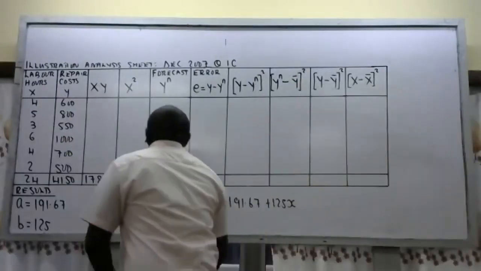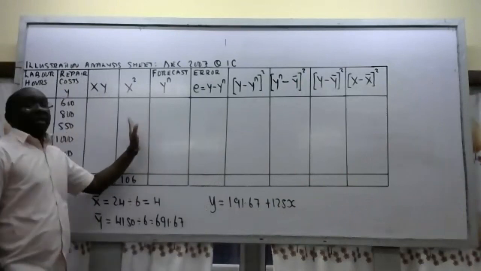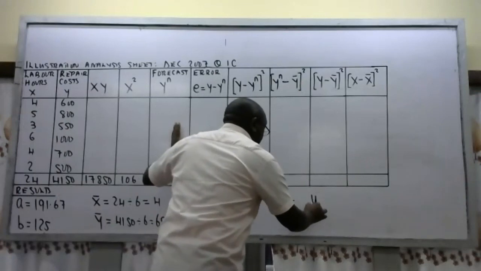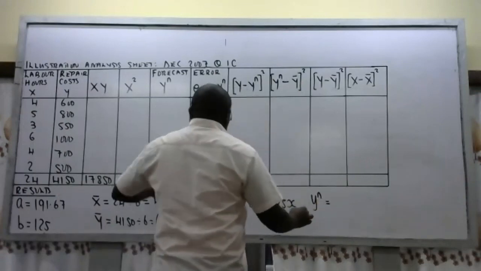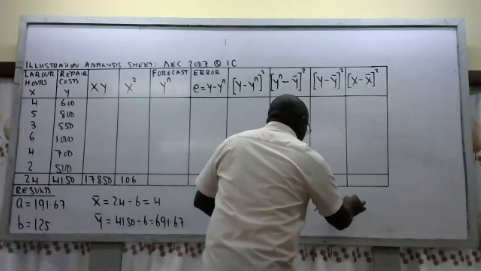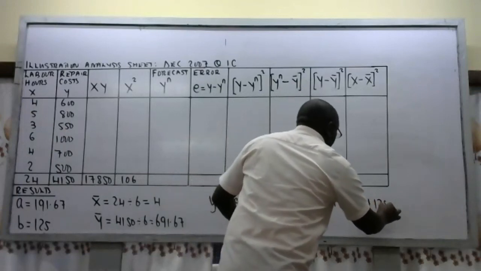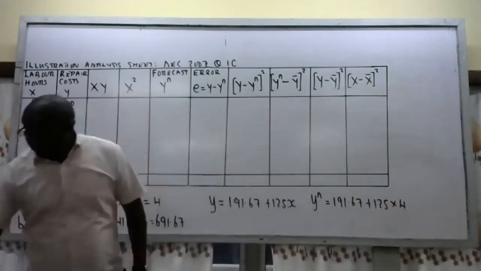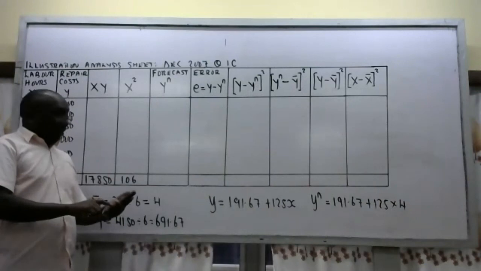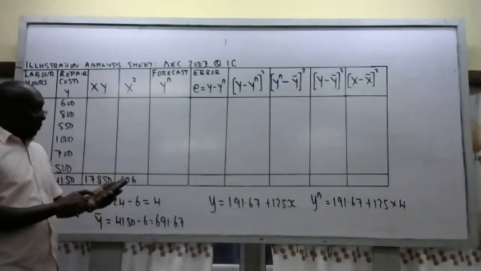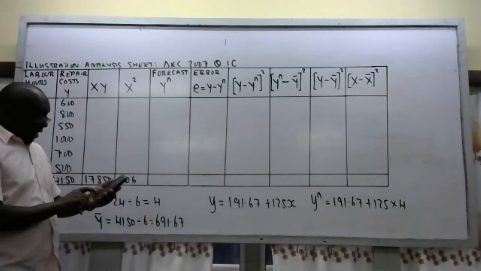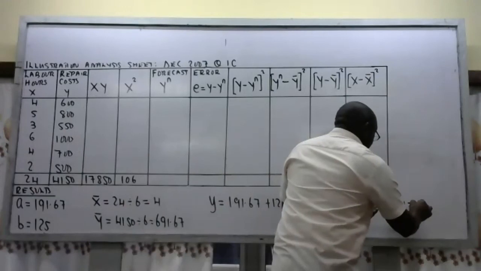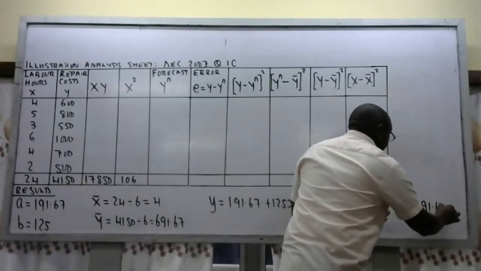So now what we shall do to get this column, maybe we can have one working. Y predicted, you will take this equation: 191.67 plus 125 times the value of x. The value of x is 4. So you can write that one there. So it is 191.67 plus 125 times 4, and the answer is 691.67.